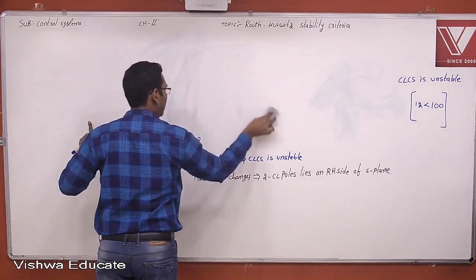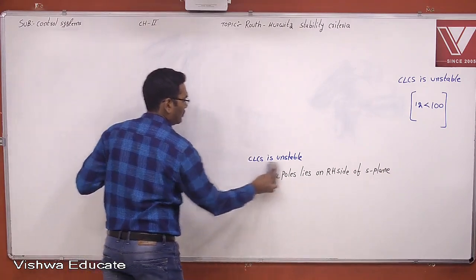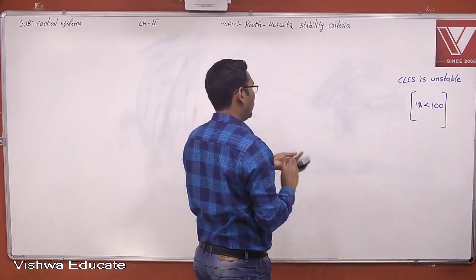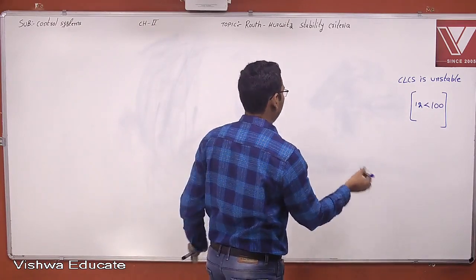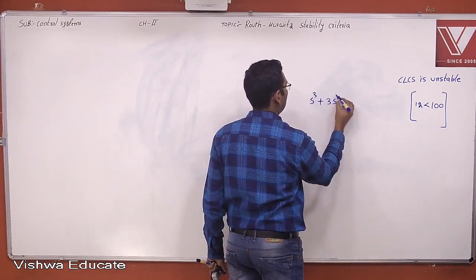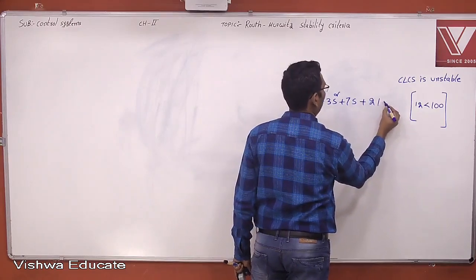Now in order 3, you have a shortcut method, and I am giving one more question also: s cube plus 3s square plus 7s plus 21 equal to 0.